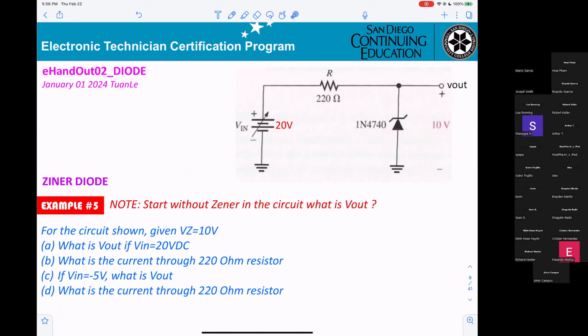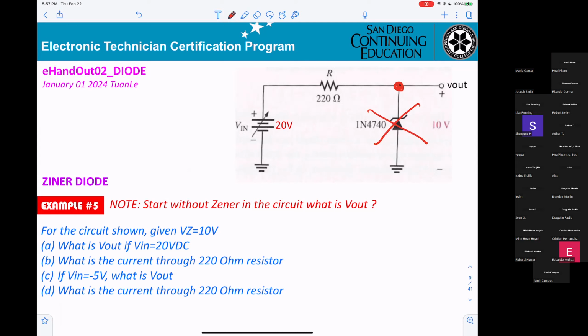Before you know that, you're supposed to check it out. Remove the diode. Question A, what voltage here? 10 volt?